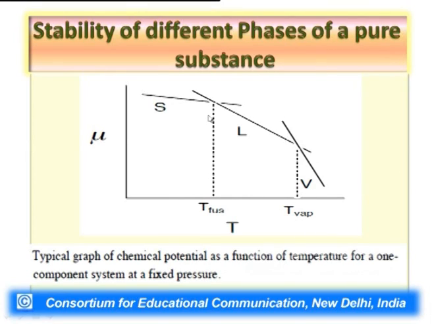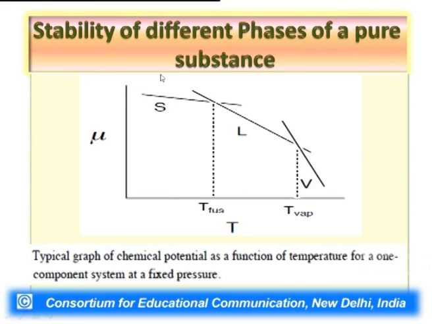This occurs because, if you once again look at the diagram of the chemical potential versus temperature curve, please look at it. Consider this to be the melting temperature. This is the chemical potential versus temperature curve for the solid phase, and any point on this curve represents the chemical potential of the solid phase.